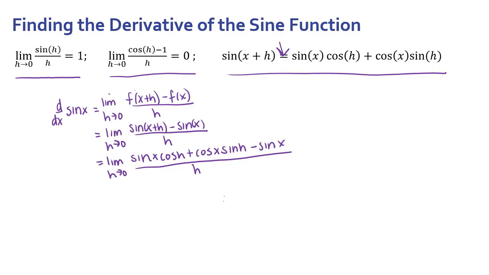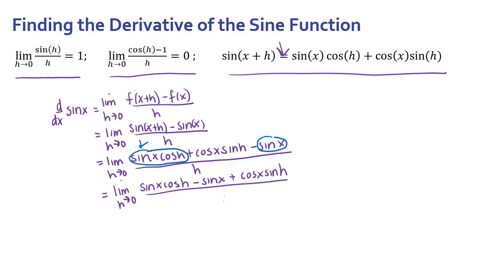Now I'm just going to do some fancy math to get it into a form that we can actually simplify. Notice this term has the sine of x, and this term has the sine of x. I'm going to rewrite this so you can see what I'm doing. I'm going to move the sine of x over.